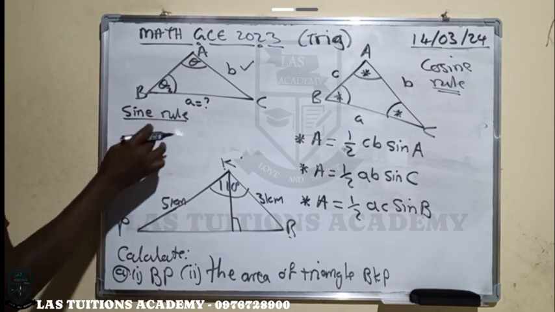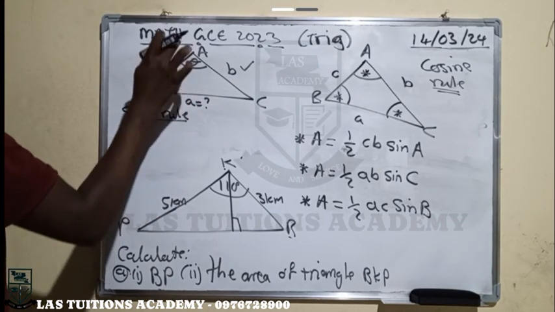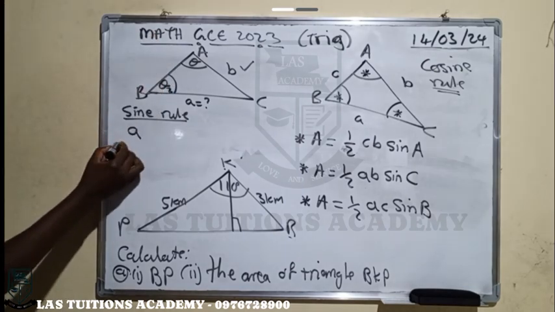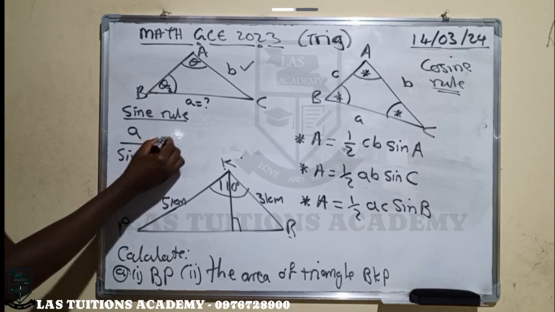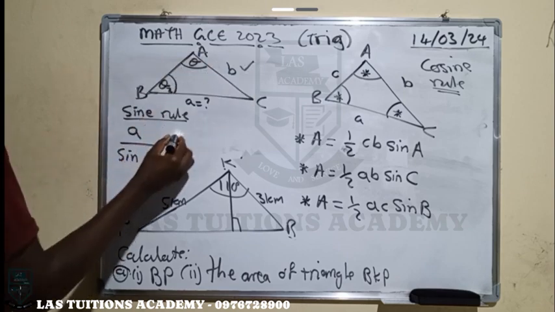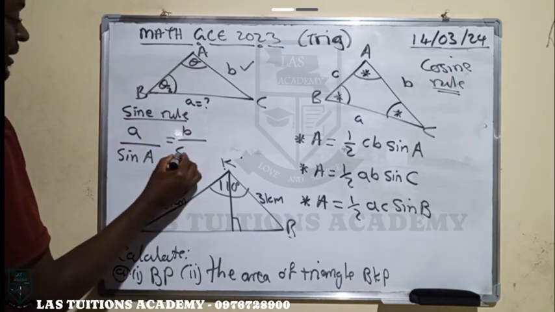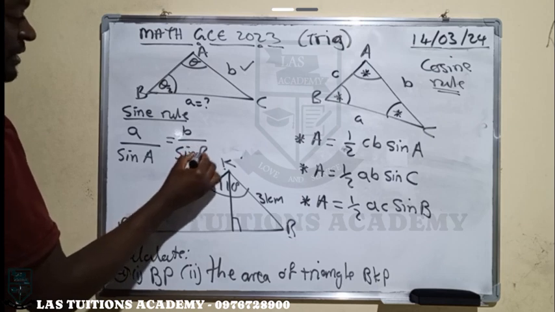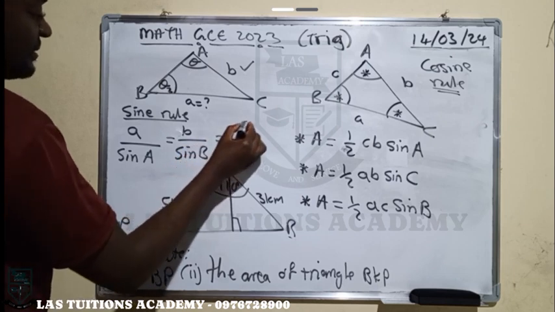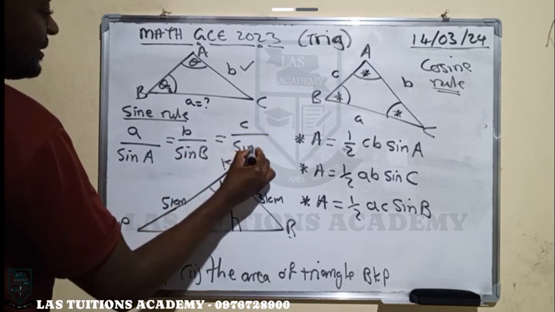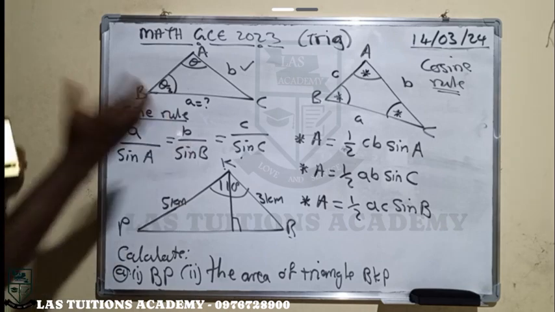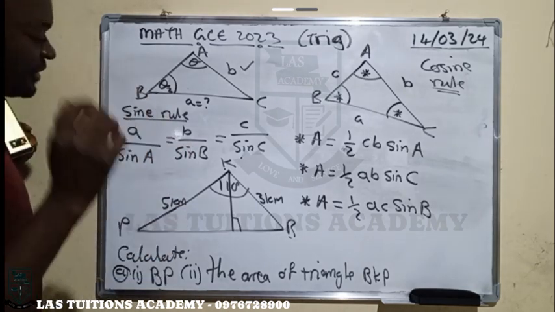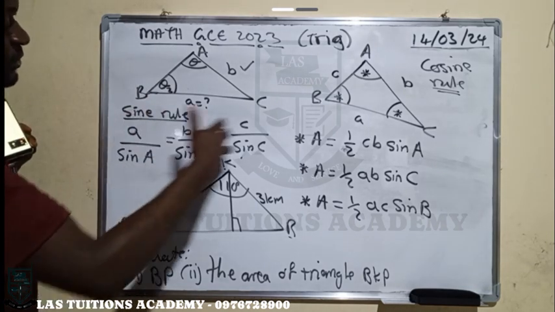So I have A over sine angle A is equal to B over sine B, which is also the same as C over sine C. So you take those ratios. Now, out of these ratios, you only need two which have got the information you're looking for. You don't need all three.